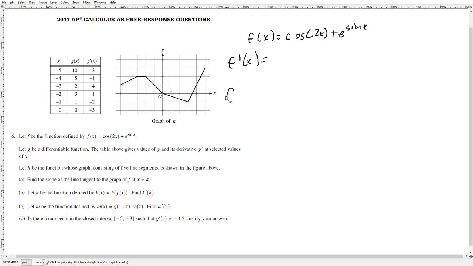It goes like this: the derivative of f of g of x equals f prime of g of x times g prime of x. That's the chain rule.